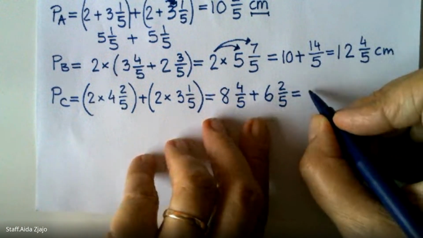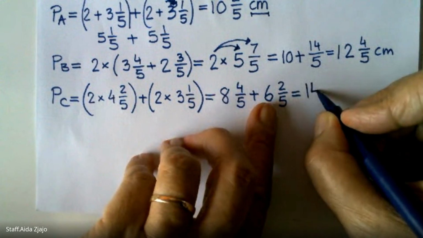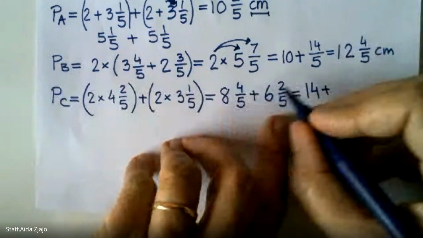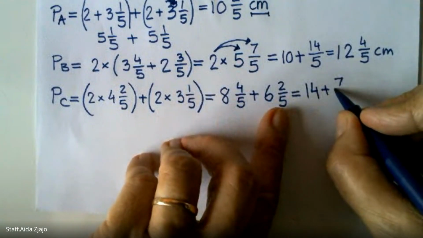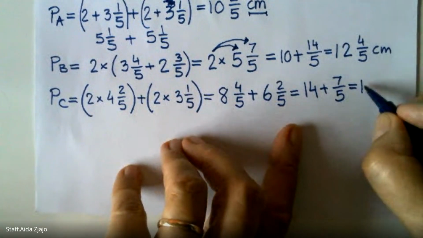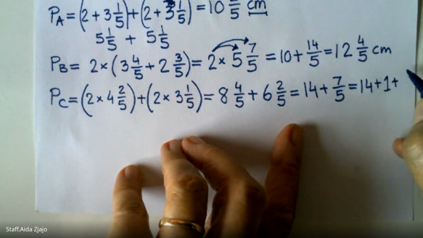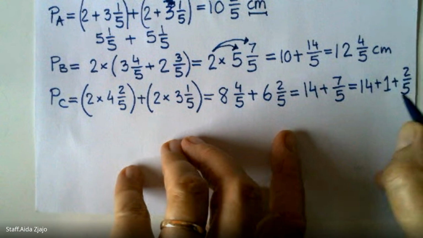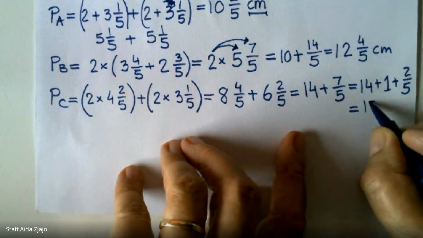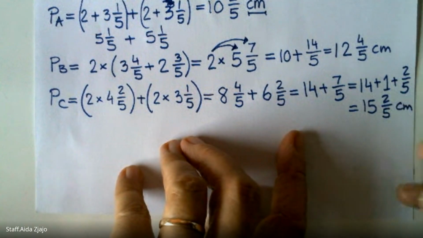Let me make this for you. 8 plus 6 is 14, plus 4/5 and 2/5 is 6/5. So that is equal to 14 plus 1 plus 1/5, which is equal to 15 1/5 centimeters.